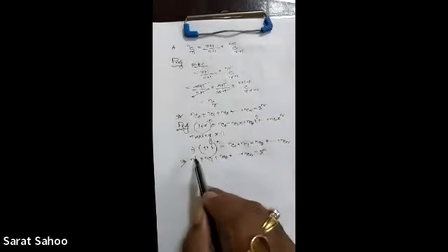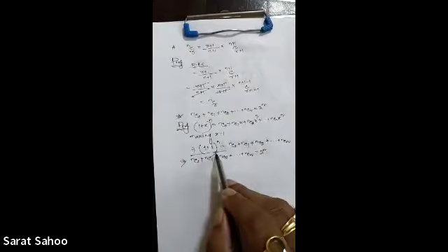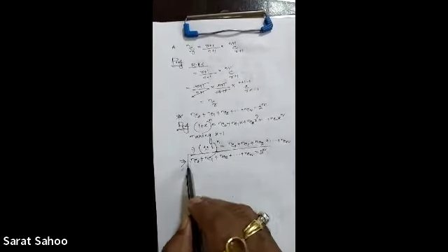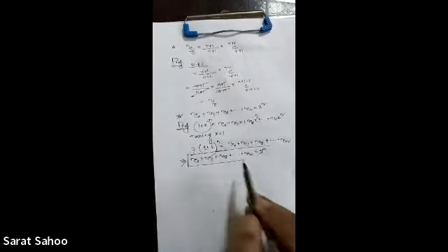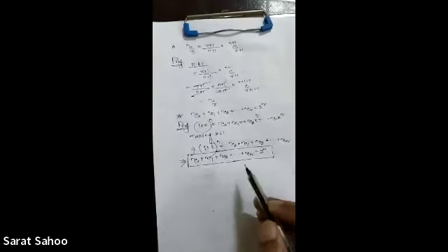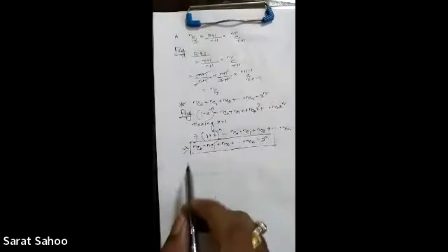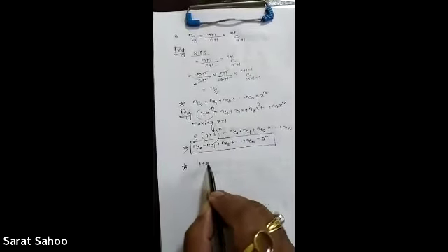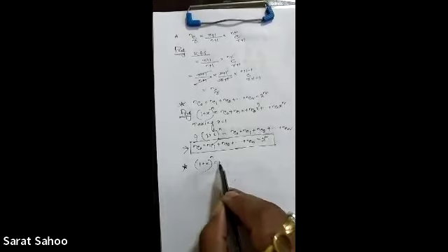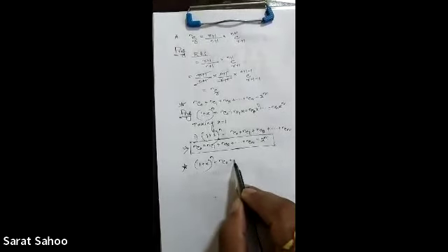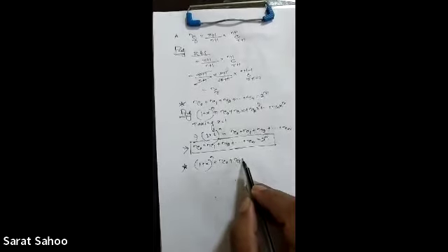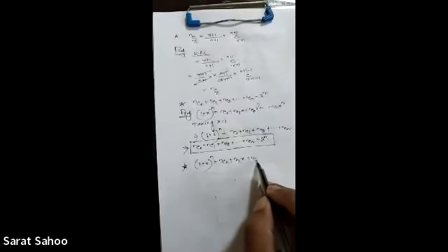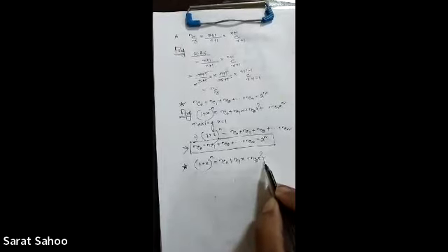Clear? Again, the last one. nC0 plus nC1 into x plus nC2 into x square plus up to nCn into x to the power n.